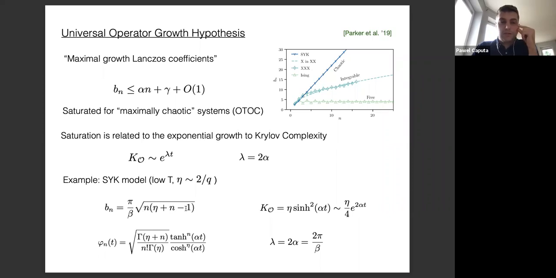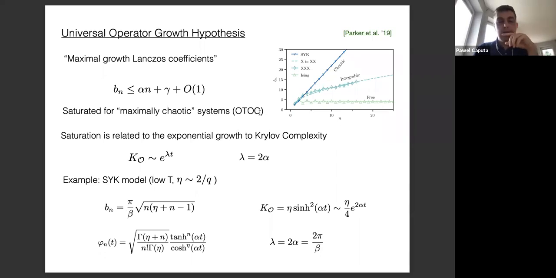You can check that for large n, these Lanczos coefficients grow linearly with n. And the Lyapunov exponent extracted from these Lanczos coefficients is given by 2 pi over beta. In fact, this is the maximal Lyapunov exponent that was also found in the out-of-time-ordered correlators for the SYK model.